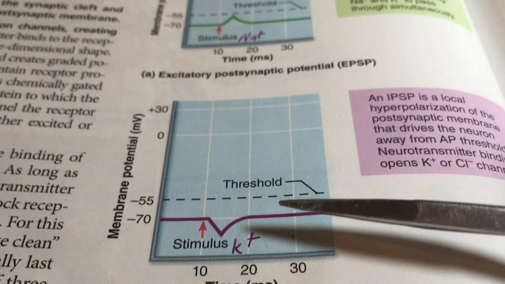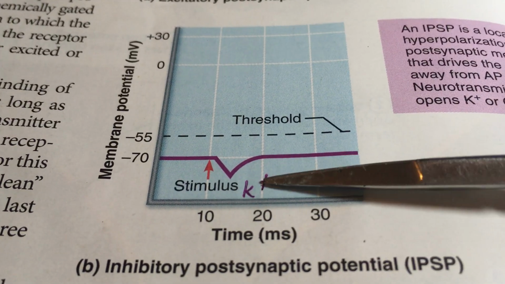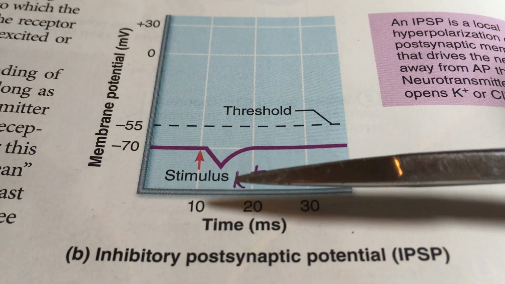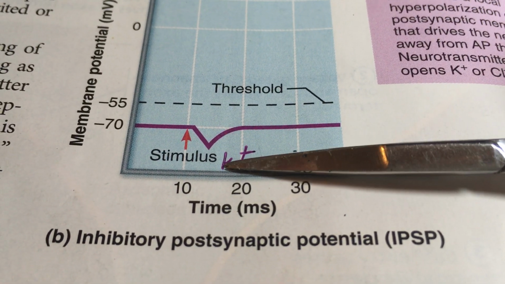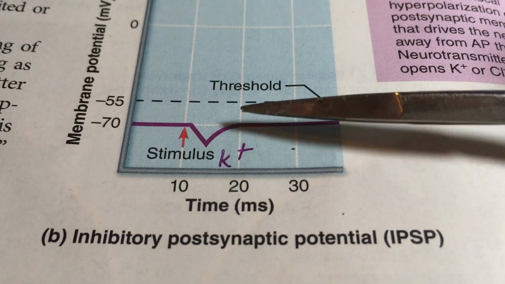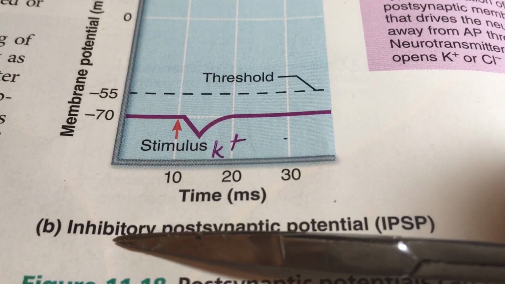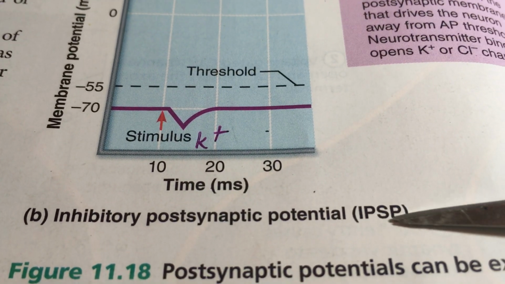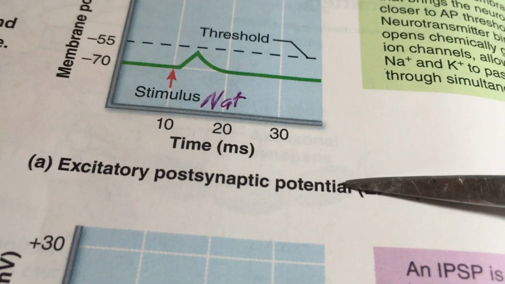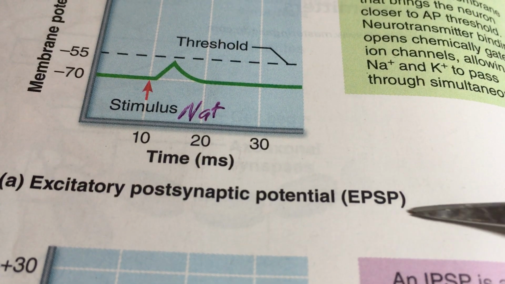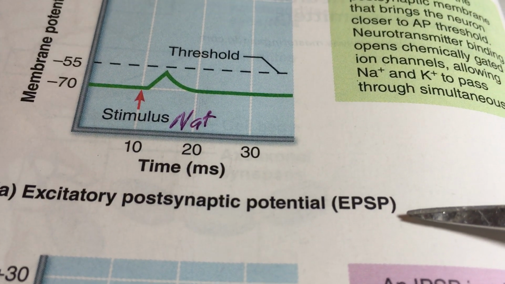If I open a channel with potassium specifically, instead of a depolarization, I'm going to get a hyperpolarization. This is inhibition. So we have something here called an inhibitory postsynaptic potential, abbreviated IPSP. And then we get an excitatory postsynaptic potential, abbreviated EPSP.